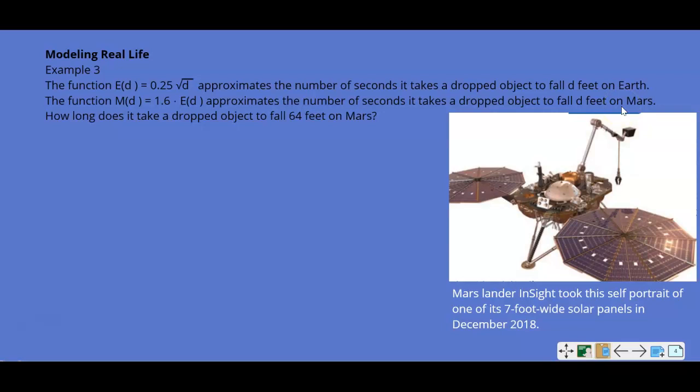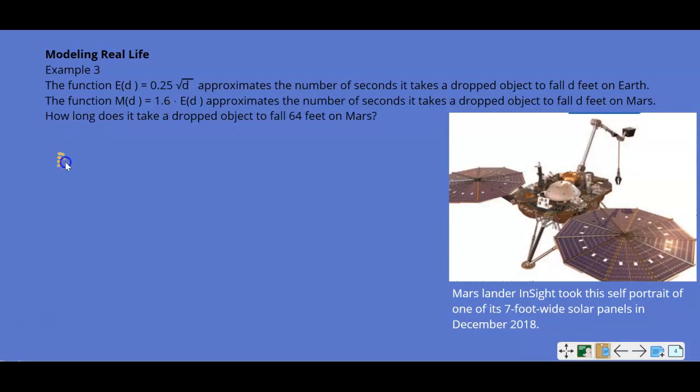So we're asked how long it takes for an object to fall a given distance on Mars. So that's what we're looking for. First thing we need to do is multiply E(d) by the 1.6 and write a rule for M, because you can see that this says 1.6 times E(d). So let's go ahead and write a rule.